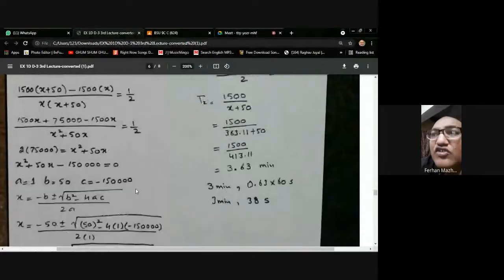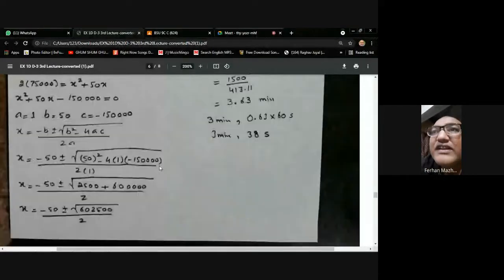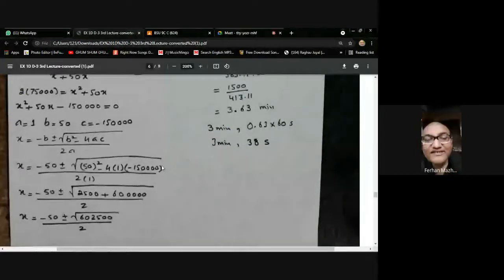I will note down the value of the coefficient of x squared, the coefficient of x, and the constant. Here a is 1, b is 50, and c is minus 150,000. Then I will write the quadratic formula: minus b plus or minus the square root of b squared minus 4ac, divided by 2a.